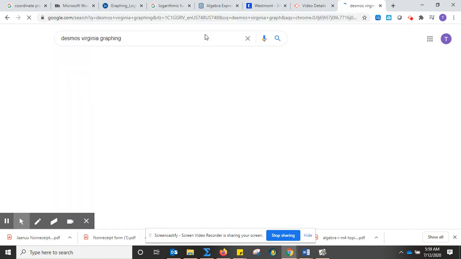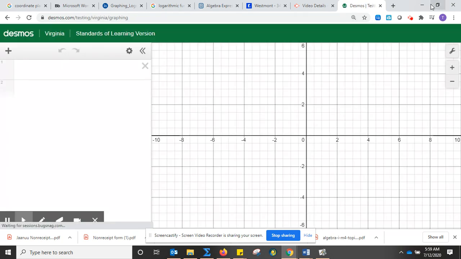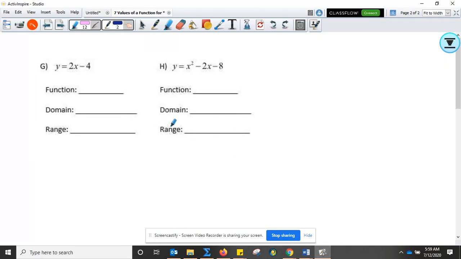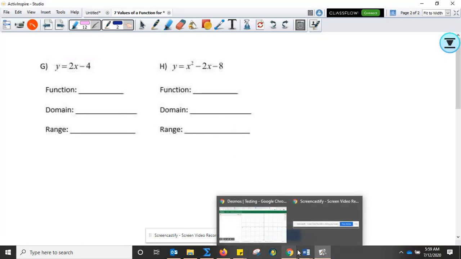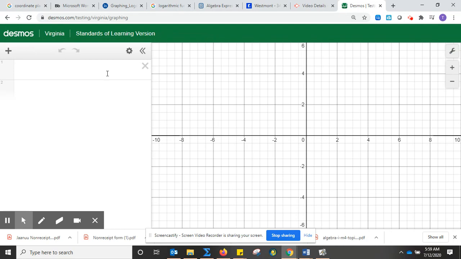And I'm just going to graph my equation. Okay. So my equation is y equals 2x minus 4.